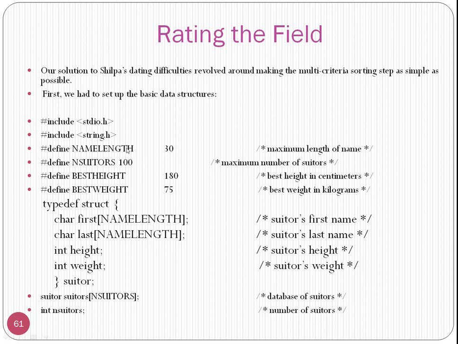stdio.h, string.h, and we are defining certain values over here: name length, the maximum length of the candidate name, will be 30; the maximum suitors will be 100; the best height will be 180, and the best weight will be 75.